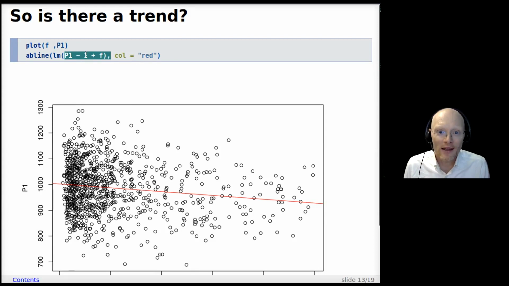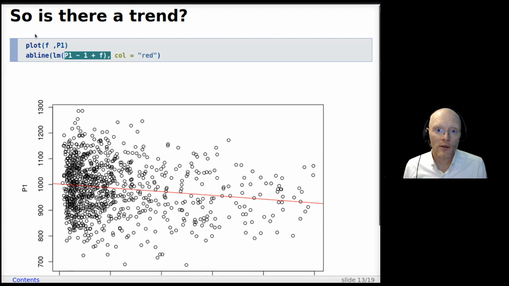So 1 is the way that it designates a constant, plus a linear term in f, which is the closeness to farms, the 1 over D. And so what this is going to do is estimate a coefficient here and a coefficient here. Well, the coefficient on the constant is the intercept for my line, and the coefficient here is the slope of the line, right? So this is c and m in your line formula.